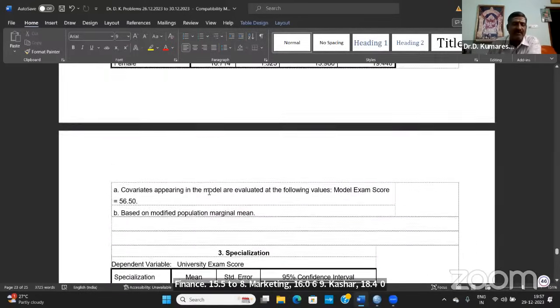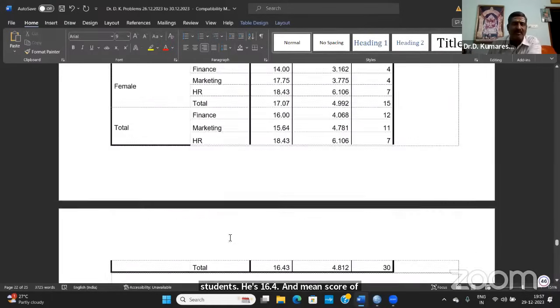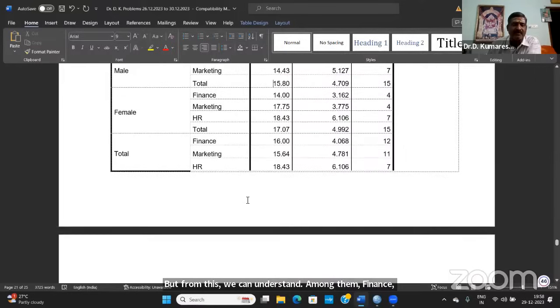That means from this we can understand female students have performed better than male students because the mean score of male students is 16.4 and mean score of female students is 17.28. But from this, we can understand among the male students, finance students have performed better than the marketing students.